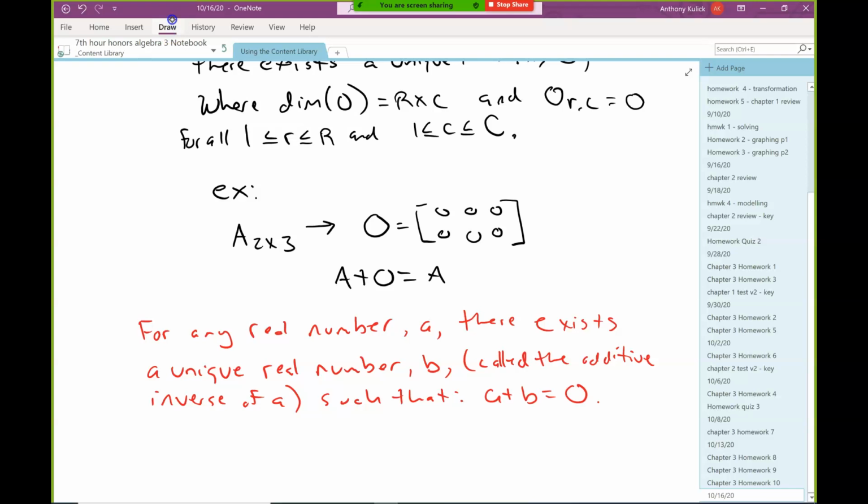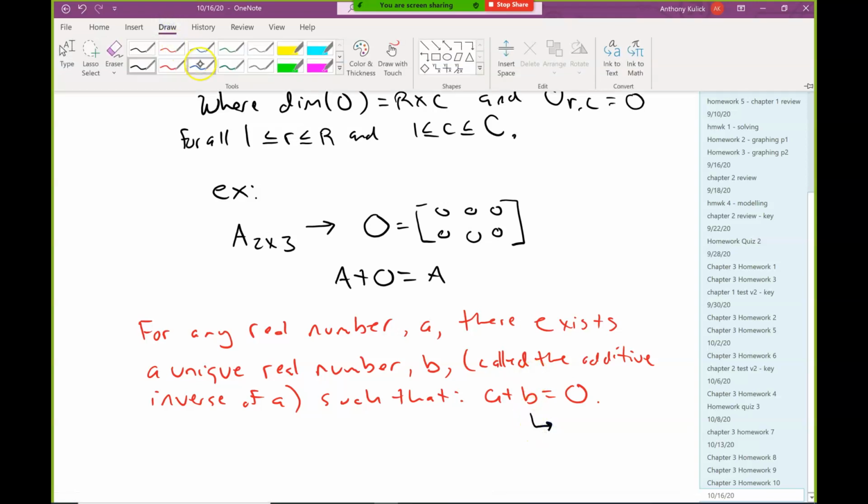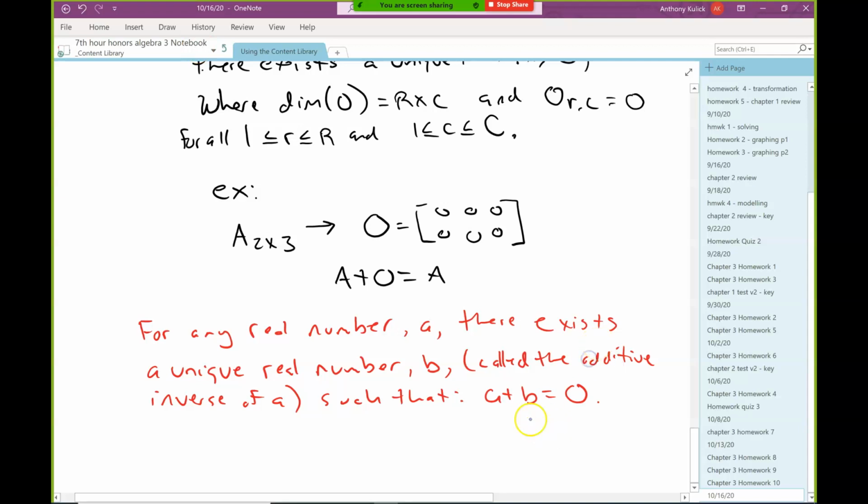Now, we have a special way that we represent this B for real numbers. What is B really? What was that? Somebody said something. It was quiet and soft and masked. I think it was right though.